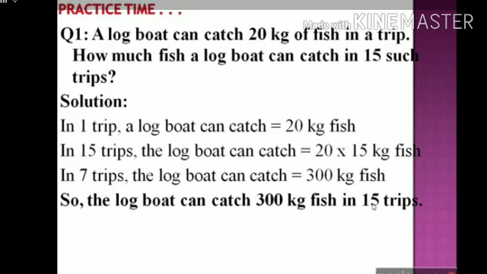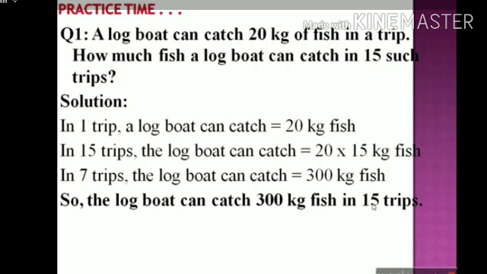Now look at this question children. A logboat can catch 20 kilogram of fish in a trip. How much fish a logboat can catch in 15 such trips? So here we need to find out for 15 trips. So how to write the solution? In one trip, a logboat can catch 20 kilogram of fish.